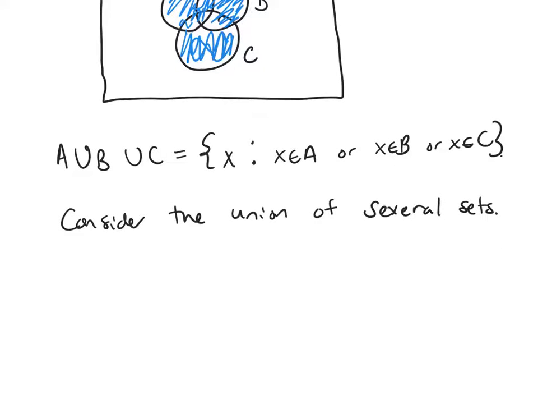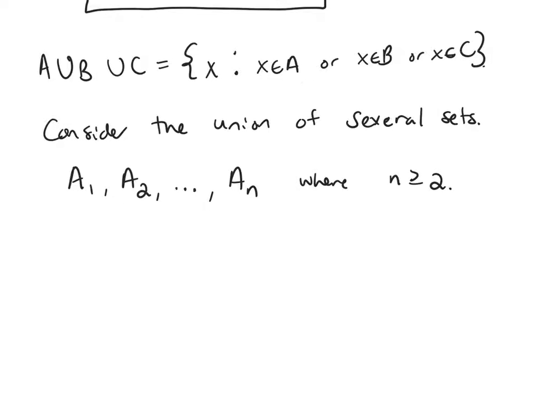So for example, I have the sets A1, A2, all the way up to An, where n is at least 2. And then I want to take the union of these sets.